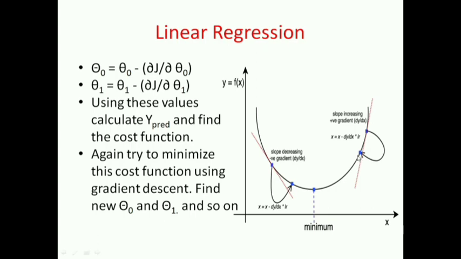That means it will approach the minimum. Similarly, at this point also, if you take the gradient, it will also be positive. Again, if you update theta naught, it will be theta naught minus some positive value, and that will also go to the left side. That means towards the minimum. So with time, this gradient will help you approach the minimum.